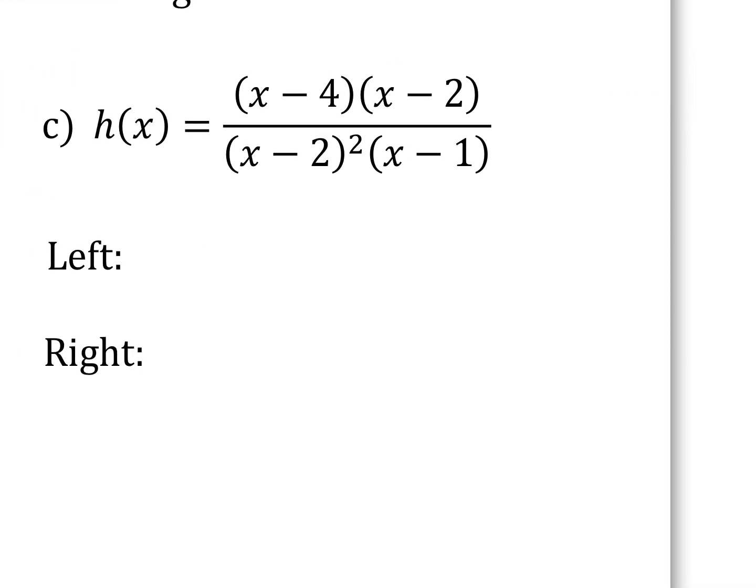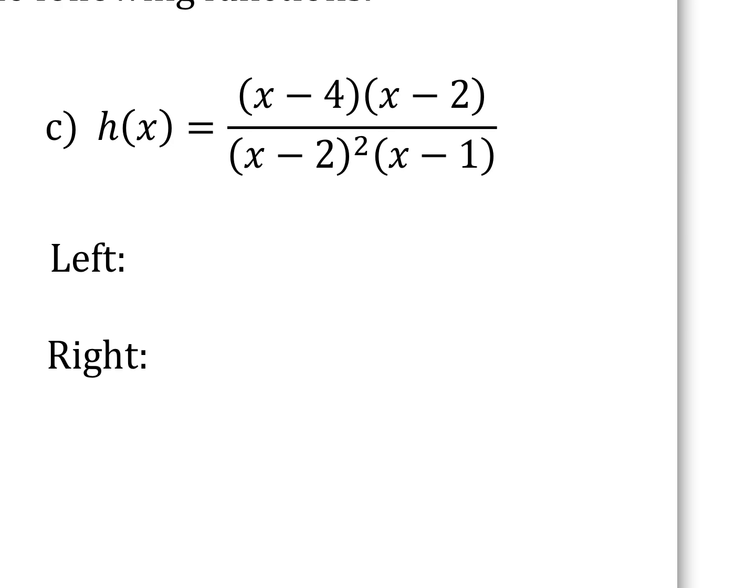Okay, h of x. So what did you first notice in here? I can see that I can cancel out an x minus 2 factor on the numerator and one x minus 2 in the denominator, and that's going to leave me one more x minus 2 in the denominator. With that said, it means that x minus 2 down there is not a hole, but it's going to be a vertical asymptote, at x is equal to 2.